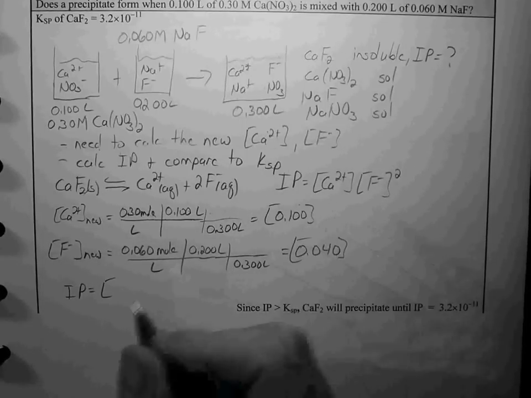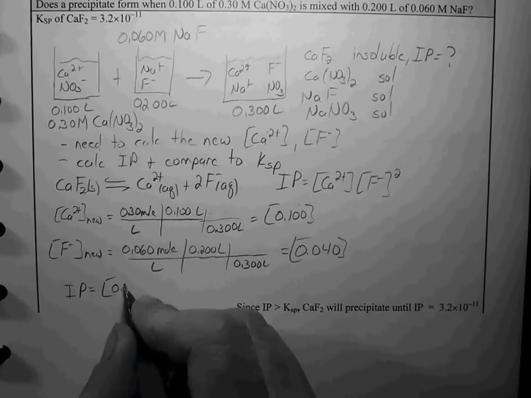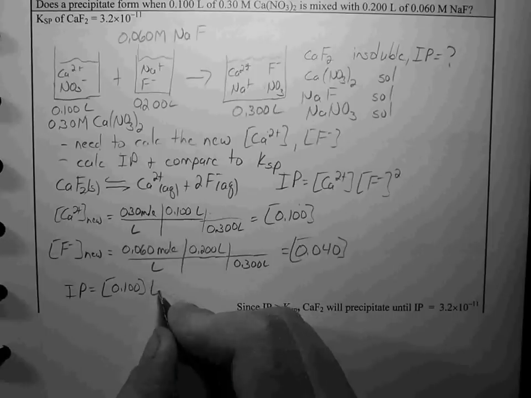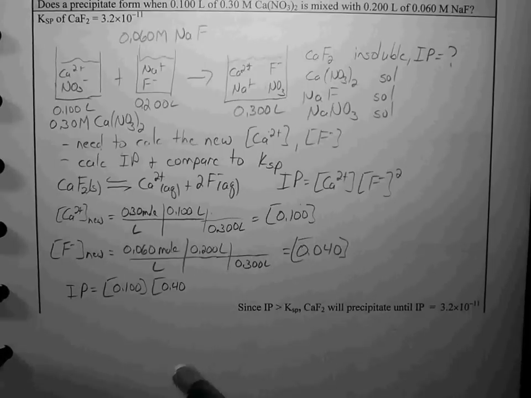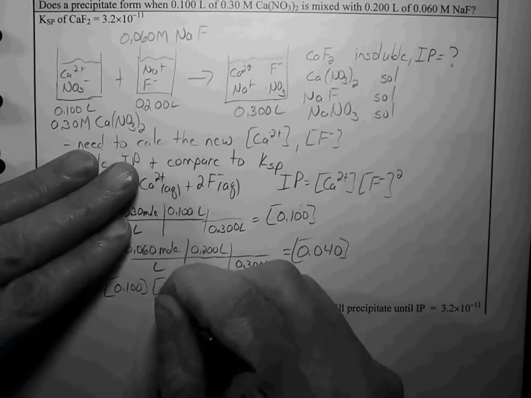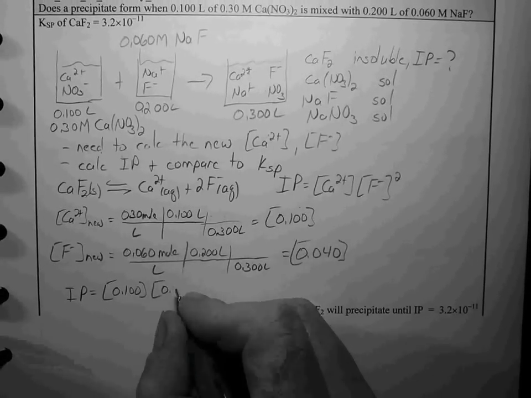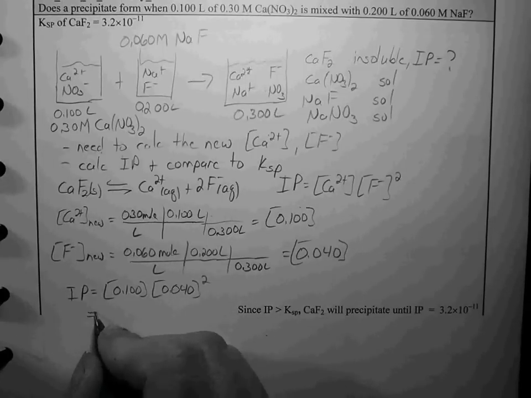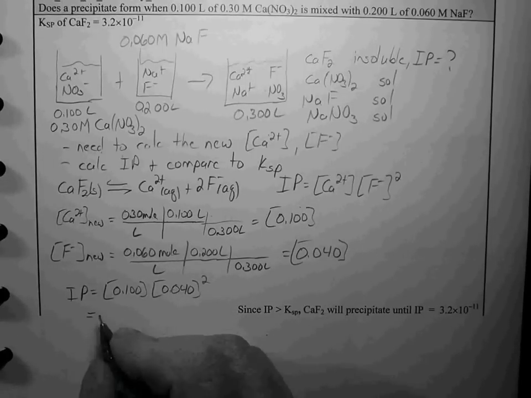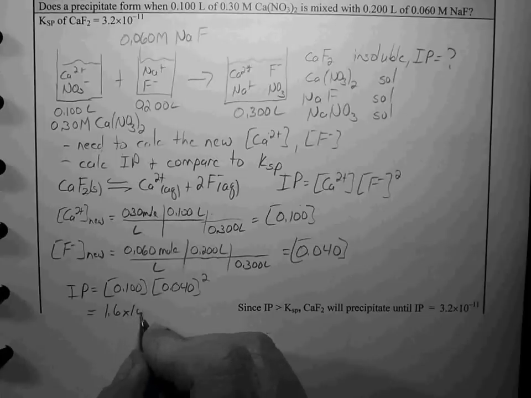IP is calcium 2 plus concentration times fluoride ion squared. And our ion product is 1.6 times 10 to the minus 4.